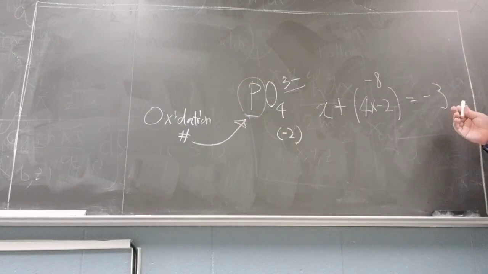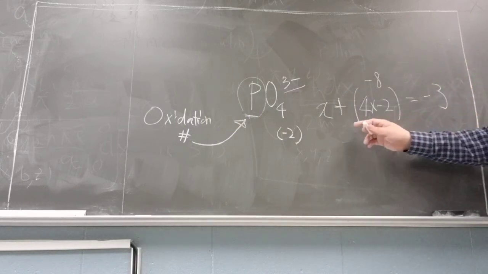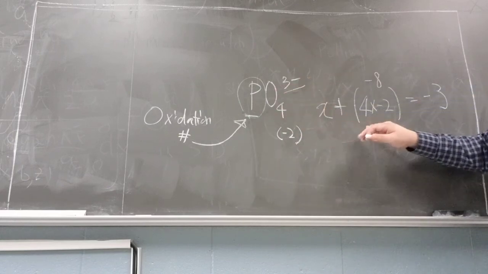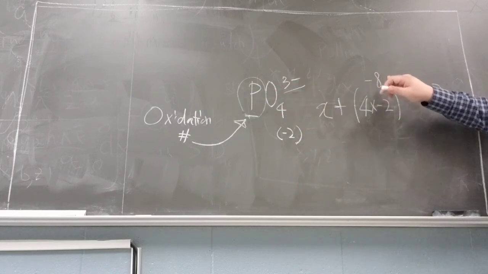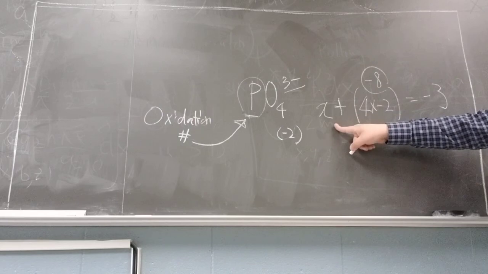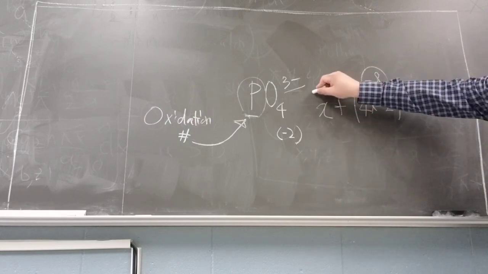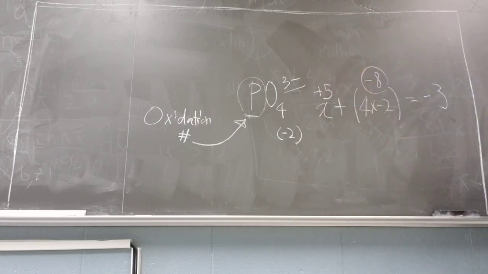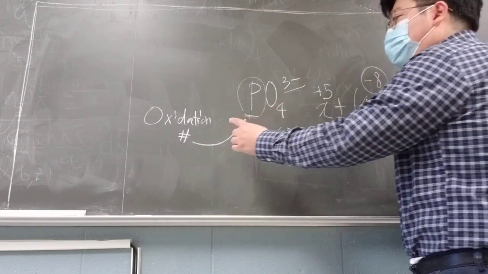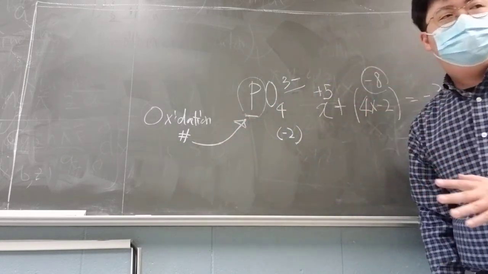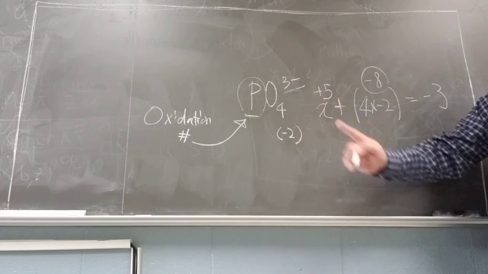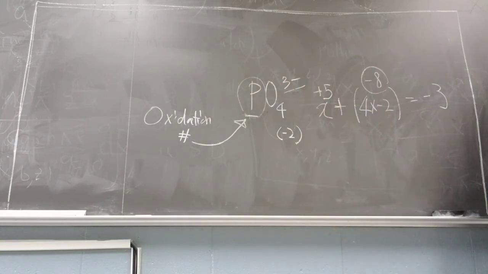So you have -3 on the right side, and the four oxygens give -8, so X has to be +5. The oxidation number for phosphorus in phosphate is +5, so the sum of oxidation numbers matches the formal charge of -3. Make sense, right? Okay, perfect.